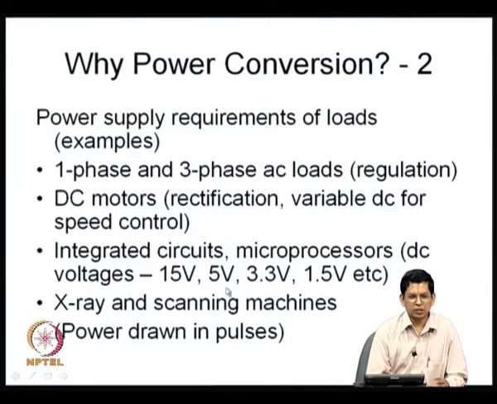There are also the more modern ICs, particularly the processors etc., which are moving towards lower and lower supply voltages. Today, you have a number of ICs and processors which operate on a 3.3 volt DC or a 1.5 volt DC kind of power supply. So, you may have 110 volts available, but you have certain loads which may want 1.5 volts or which may require 5 volts or which may require 12 volts. So, how do you do that?